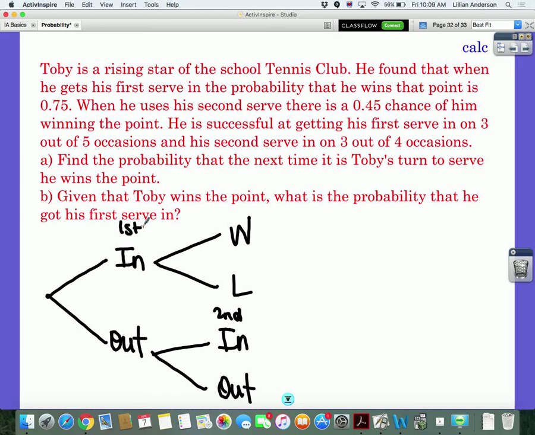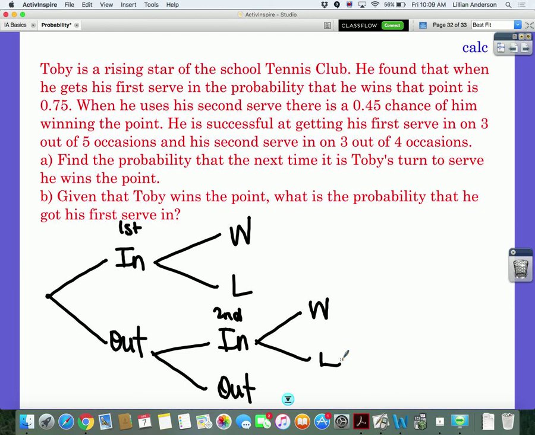So if you serve it the first time, get it out, serve it the second time. If you get it in, what happens? Then you play it out. And so you win or you lose. But you hit it the first time and it goes out.